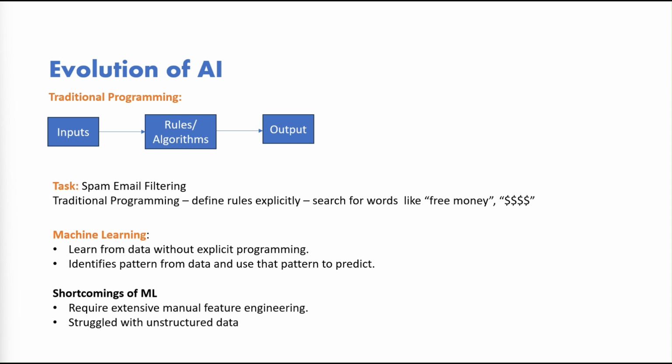For example, a rule might flag emails containing phrases like free money or symbols such as multiple dollar signs. However, spammers continuously adapt their strategies, making it increasingly difficult to define rules for every new tactic. As a result, relying solely on rule-based programming becomes impractical.